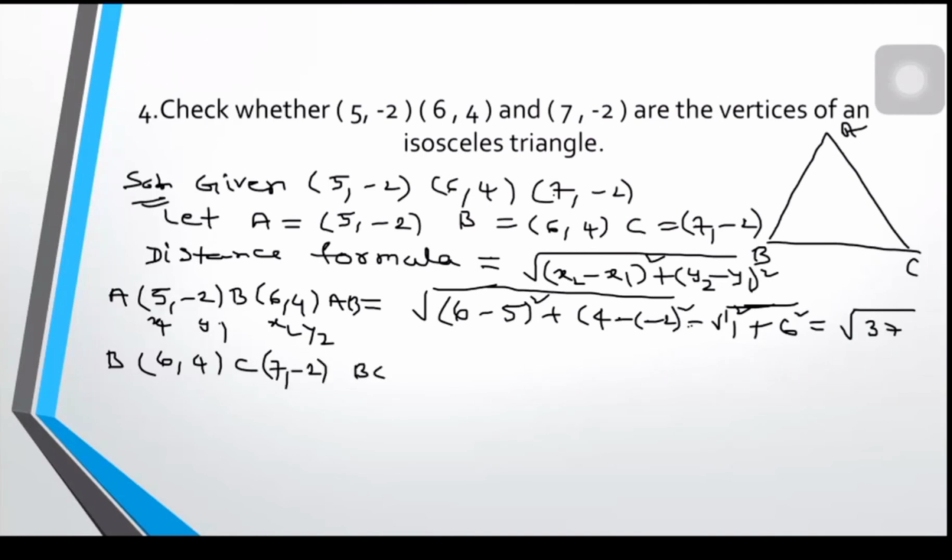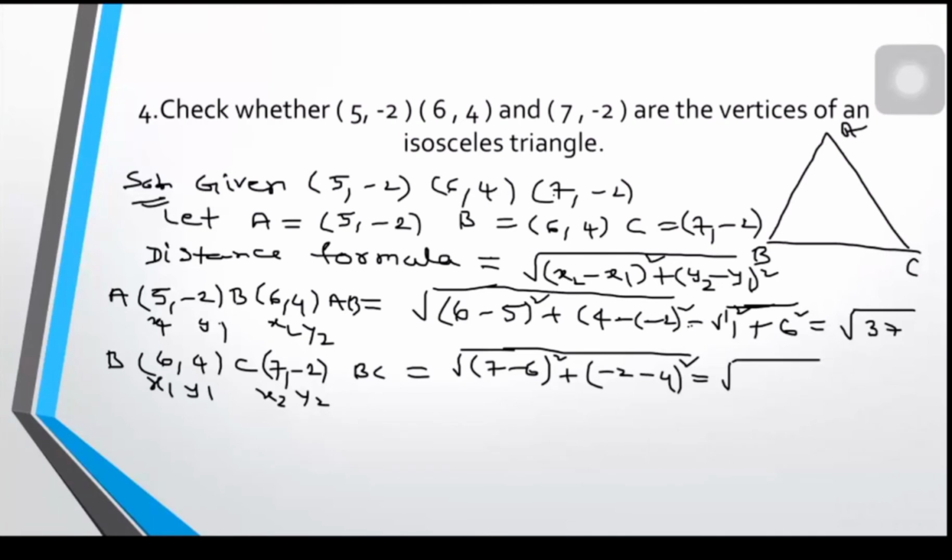So BC is equal to root of (x2 minus x1) whole square, which is (7 minus 6), plus (y2 minus y1), which is (minus 2 minus 4) whole square, equal to (7 minus 6) whole square, 1 square, plus (minus 6) whole square, is equal to root of 1 square, 1 plus 6 square, 37.